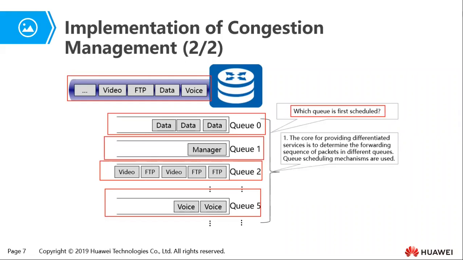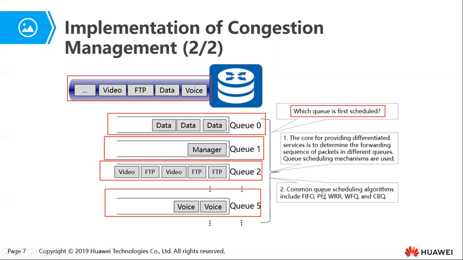The goal of providing differentiated services, DiffServ, you remember, is to determine the forwarding sequence of packets in different queues. So queue scheduling mechanisms are used. We have five queue mechanisms. The first one is called FIFO, first in, first out.